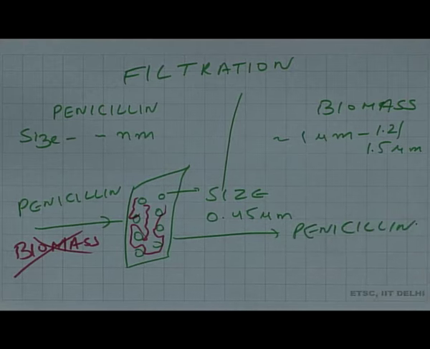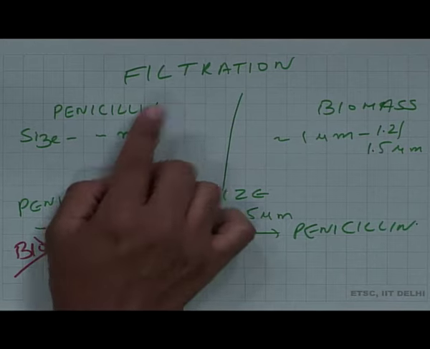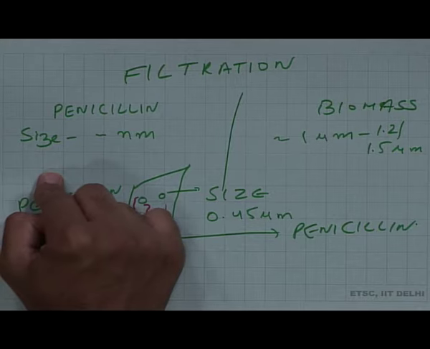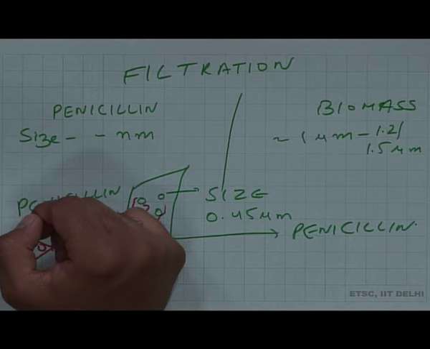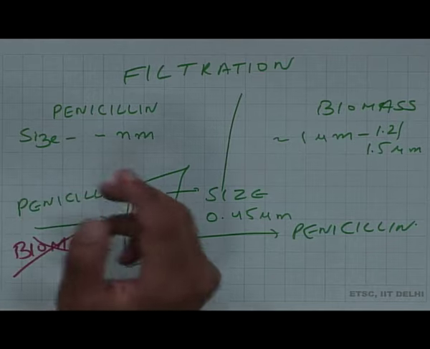Okay. So, that is how you can separate penicillin from biomass, using filtration based on size and centrifugation based on settling capability.